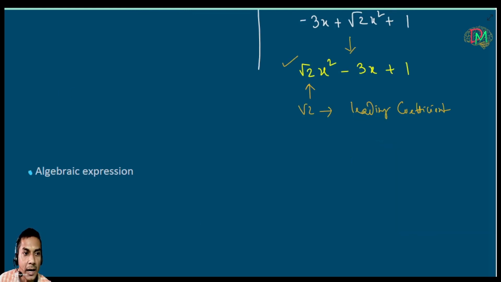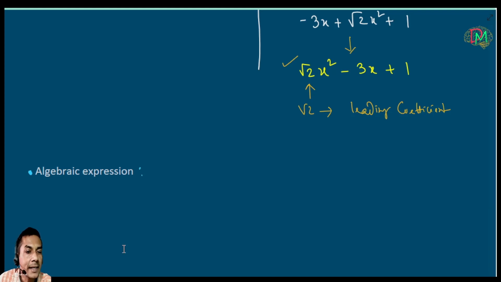Next we learn the algebraic expression. So what is an algebraic expression? When different terms are separated by plus or minus signs, then we can say it is an algebraic expression. Clear?